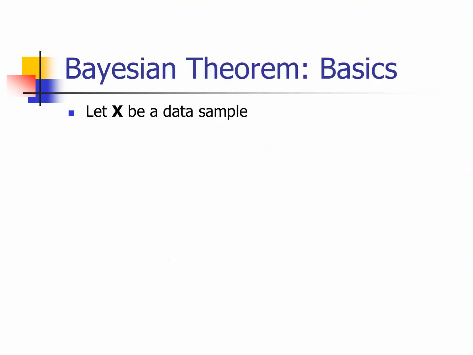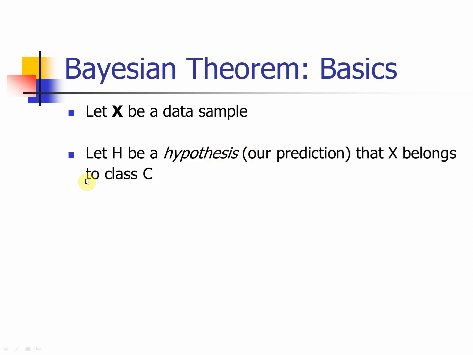In Bayesian theory, let X be the data sample, indicating the unknown data that comes in. In our example, we want to predict whether this person is going to buy a computer or not. That is our target. Now let H be the hypothesis. We have two hypotheses because we have two labels: one is buying a computer, the other is not buying a computer.